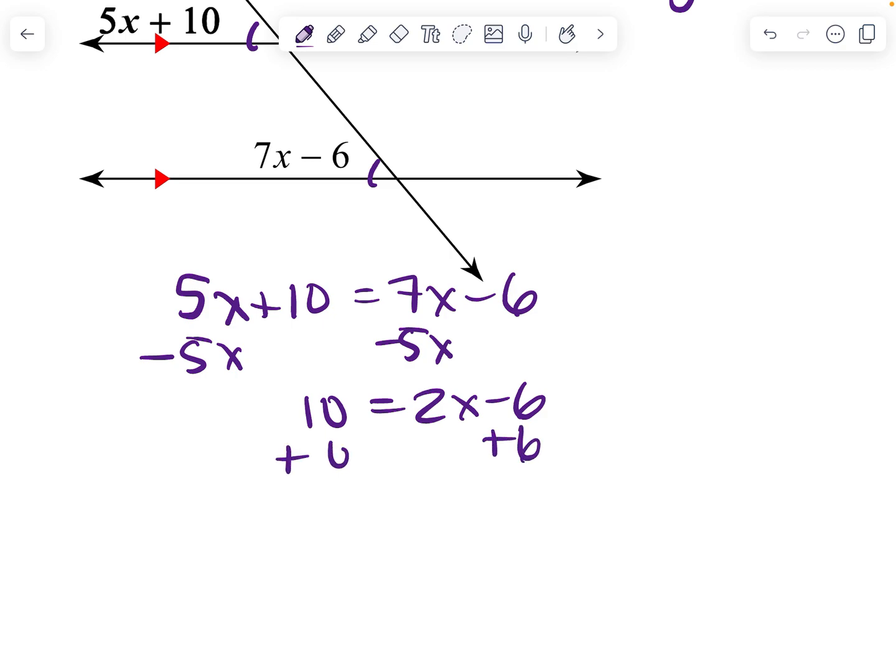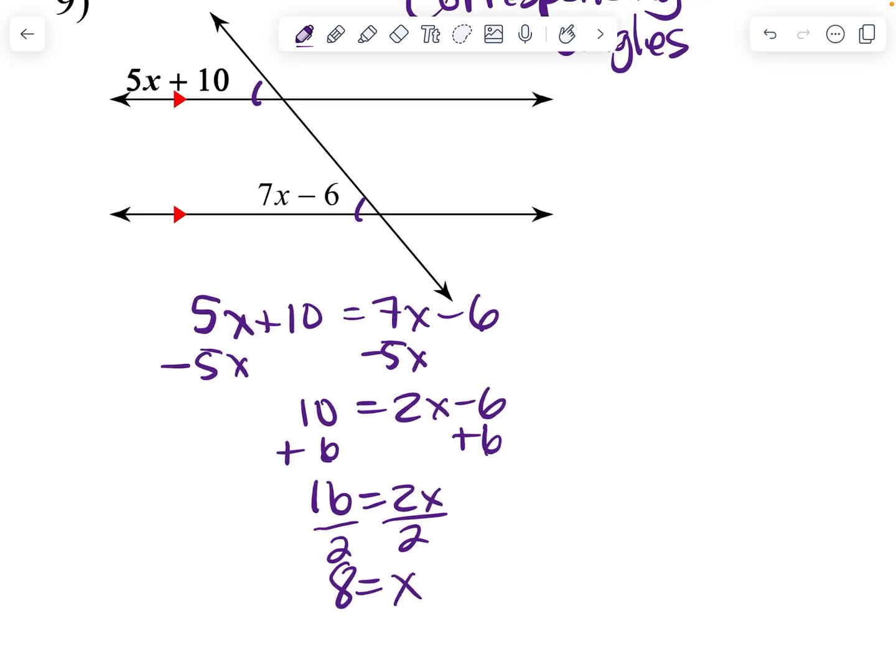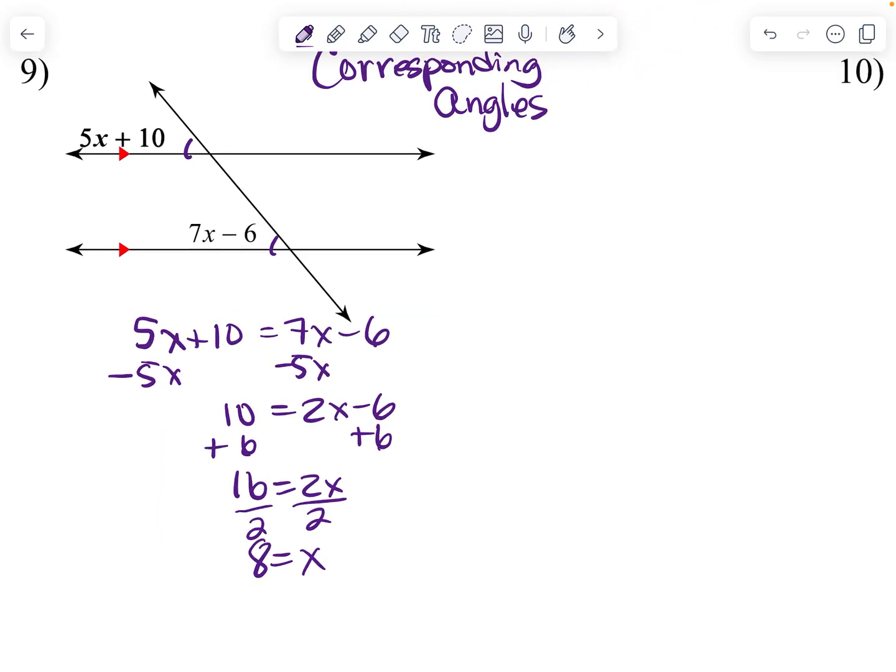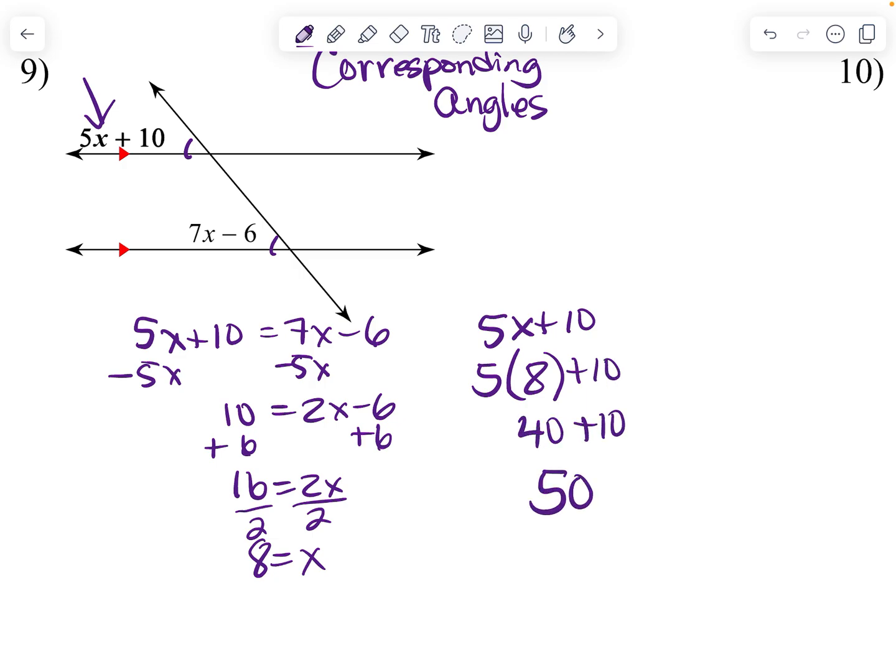Add 6. 16 is equal to 2x. I divide by 2. And I get 8 equals x. It wants the angle that is bold, and that's this one. So 5x plus 10. I'm going to replace the x with 8. 40 plus 10. So the answer is 50 degrees.